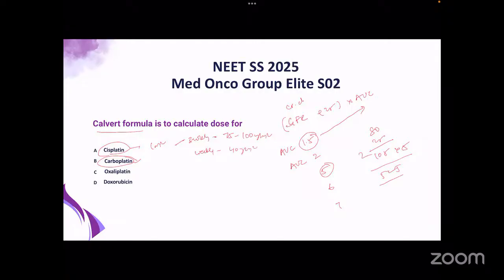So you also need to learn about the common chemotherapy drugs, in what saline, in what fluid they are mixed, whether normal saline or 5% dextrose. Cisplatin is always used with normal saline. Carboplatin is always mixed with 5% dextrose.